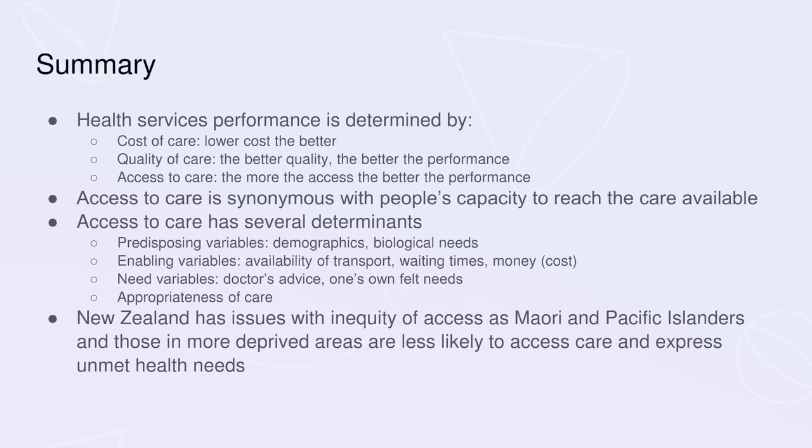Access to care has several determinants, with two important theories: predisposing, enabling, and need variables, as defined and discussed in Anderson's model, and then the 5 A's model, the most important of which includes appropriateness of care. So predisposing variables, enabling variables, need variables, and appropriateness of care are some of the major factors that determine access to care. Need for care is a very important determinant.